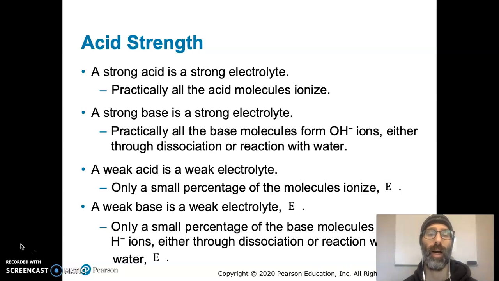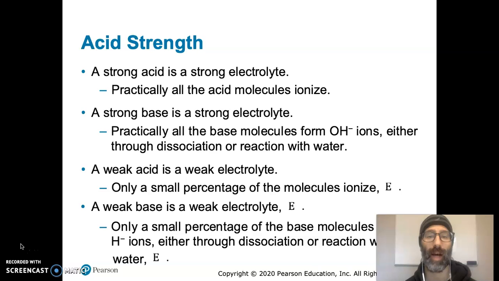However, with acids, they're molecular acids, meaning they're molecules. They're not ions. So before you dissolve them in water, HCl, let's say it's a gas, HCl gas is a molecule.